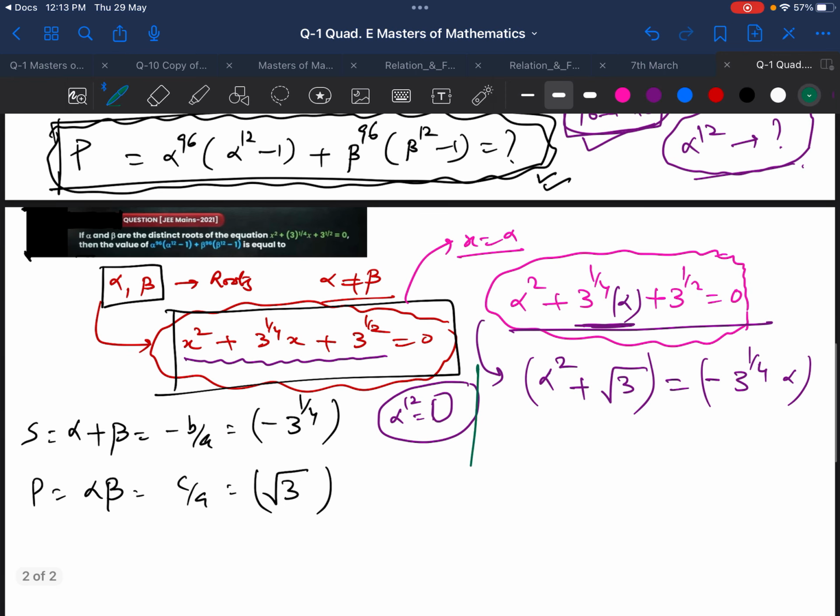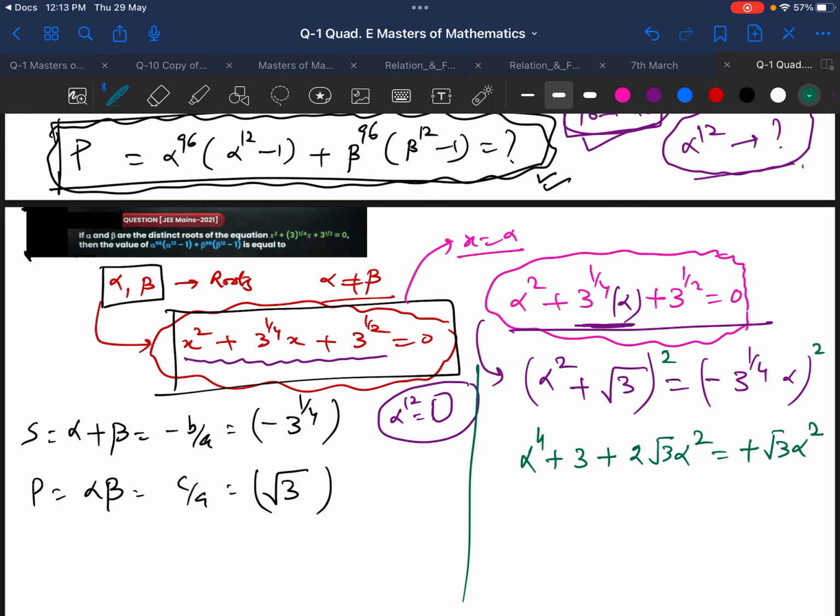Now let me square both sides. When I open this bracket, I will find alpha 4 plus 3 plus 2ab, meaning 2 root 3 alpha square, and on the right hand side, minus whole square means plus 3 raised to power half, meaning square root of 3, and it becomes alpha square.